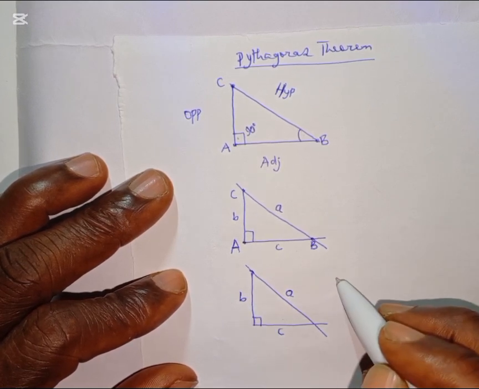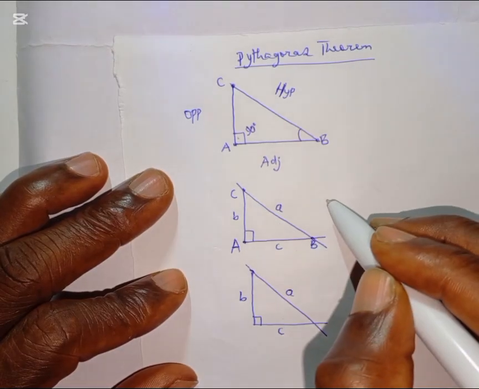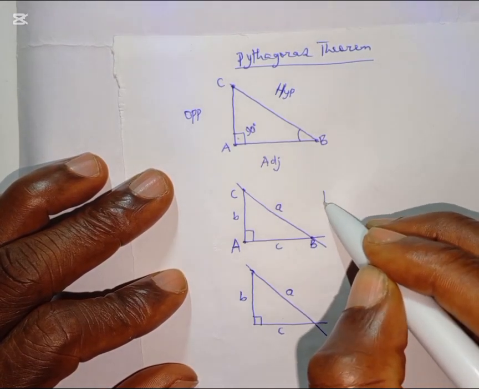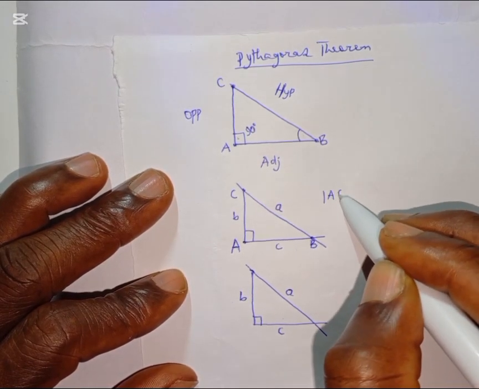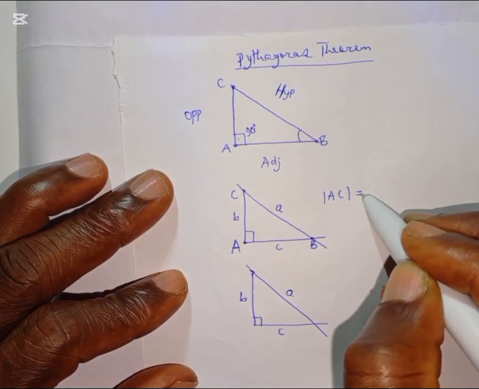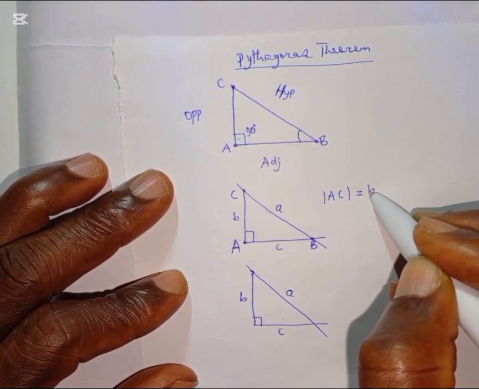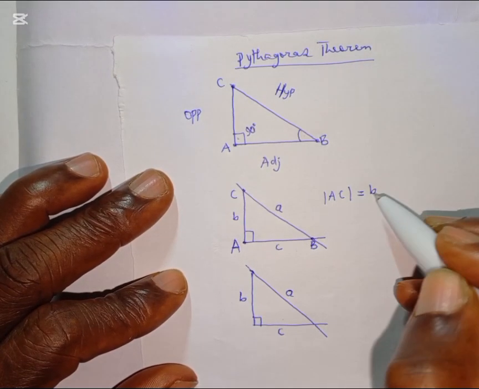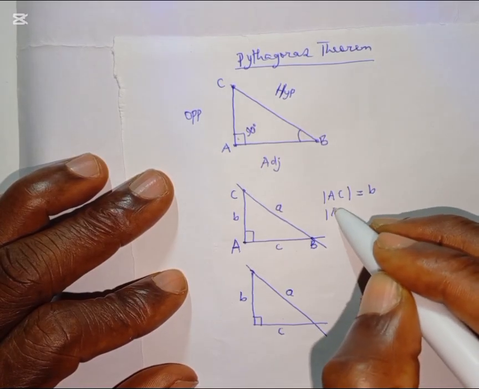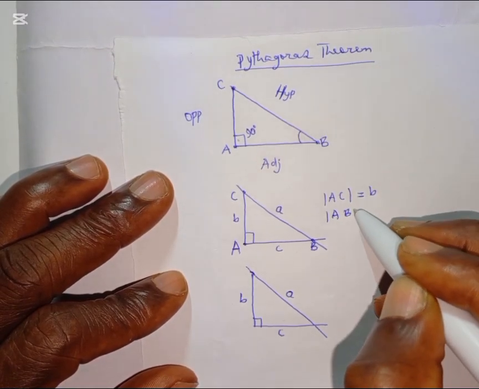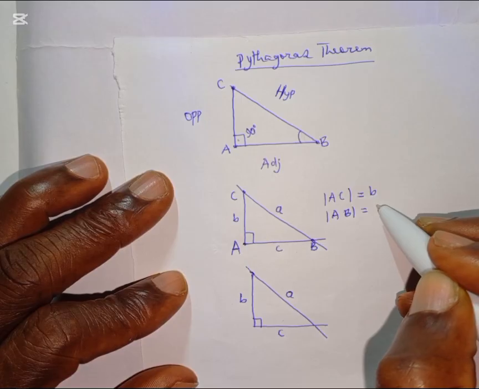So we can say in this place, side AC is equal to small letter b. Side AB is equal to small letter c.